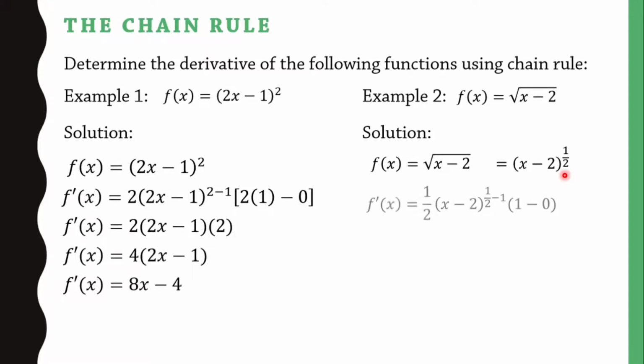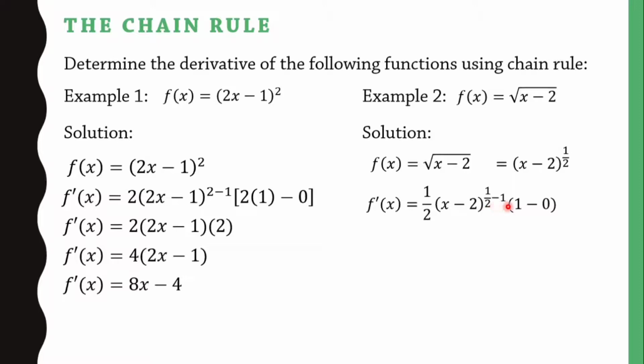Again, we take 1/2, which is our exponent, and make this our numerical coefficient. Then, copy x minus 2, then get the exponent 1/2 and subtract 1. So that's raised to 1/2 minus 1.